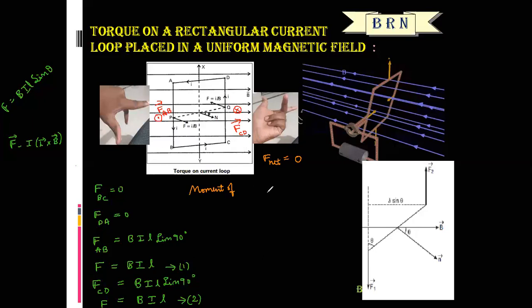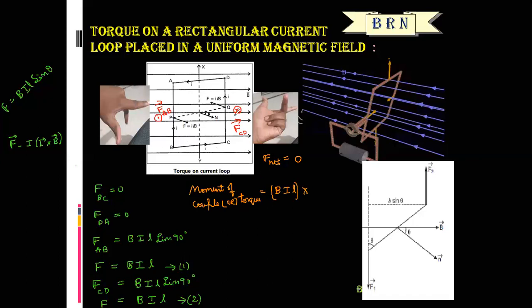So the couple, moment of couple or torque, is equal to the magnitude of one of the forces into the perpendicular distance between the two forces.